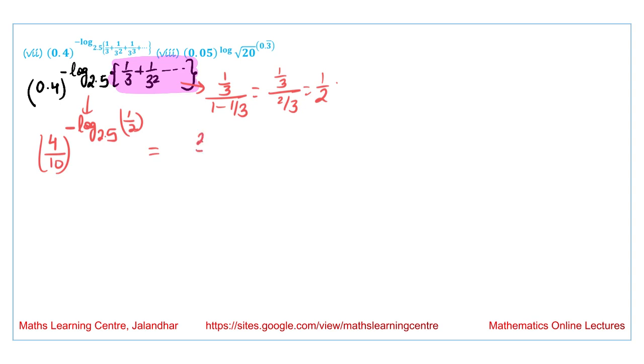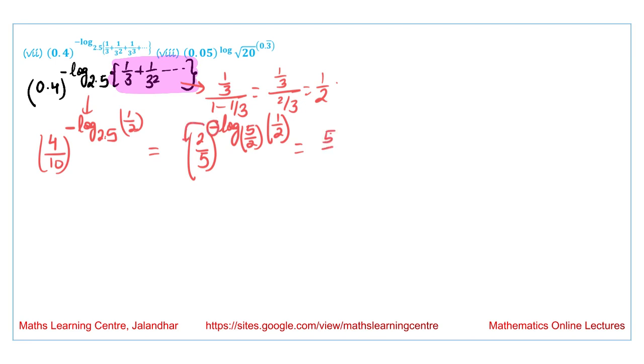And this is equal to 2 by 5 raised to the power minus log, base 2.5 we can write as 5 by 2, of the number 1 by 2. This negative sign is there in the power, so these terms will be reversed.